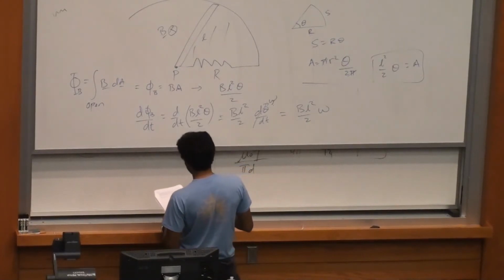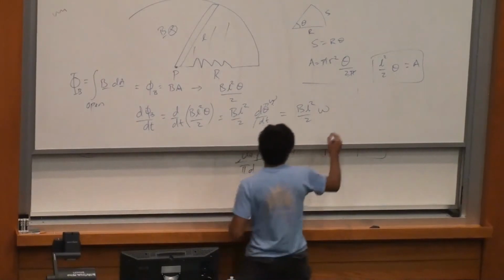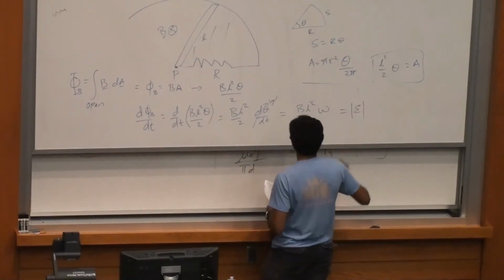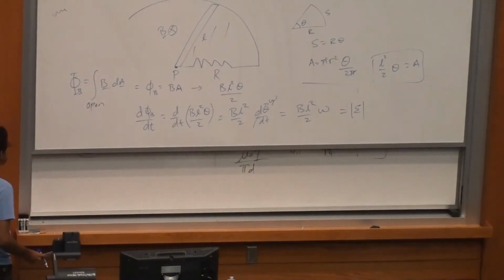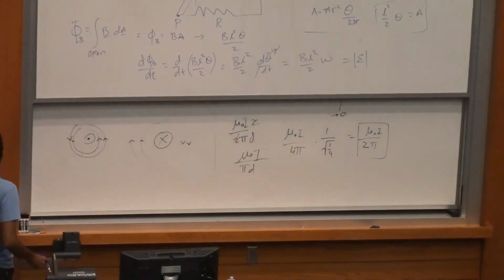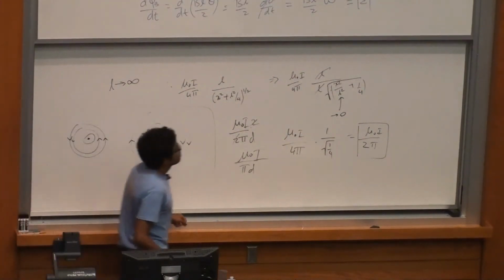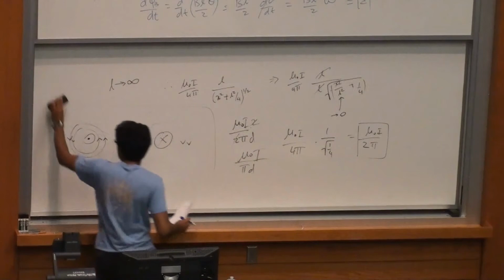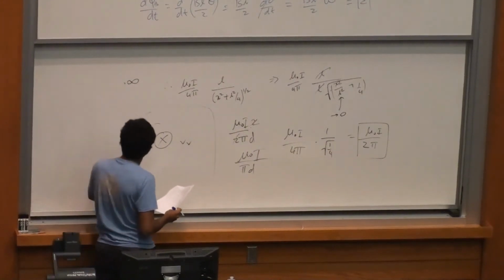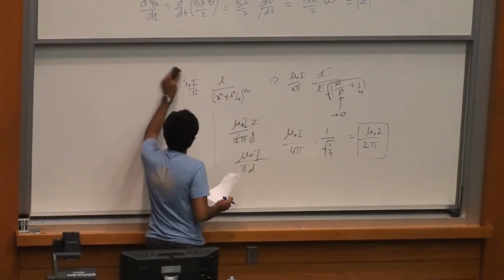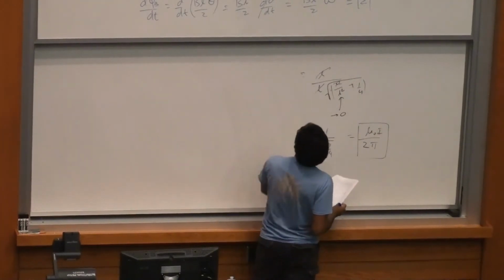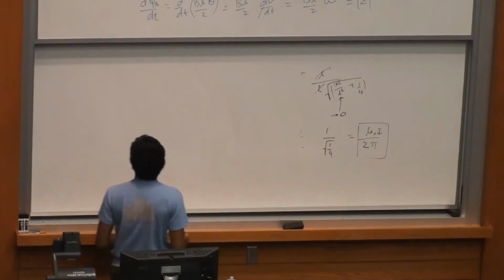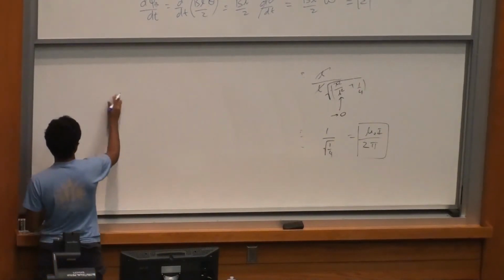I am missing something here. Am I? No, I'm not. And this is the EMF, the magnitude of the EMF. Now that I have the EMF and there's a resistor there, it's not terribly difficult to calculate the current.